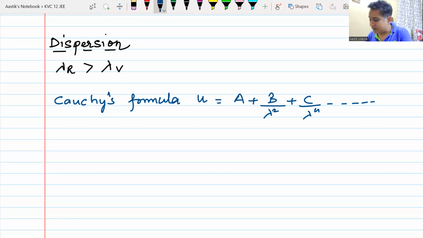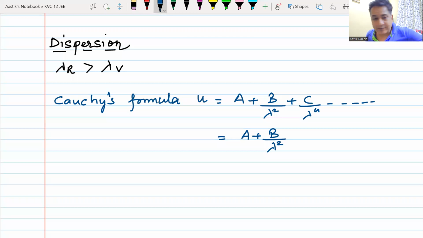We neglect the higher terms, we just take the first 2 terms, so we get that mu for any material depends on the wavelength. In fact, it is inversely proportional to lambda square. Do we understand this? Yes, sir. That means when you increase lambda, the refractive index decreases. Yes or no? We've seen that.